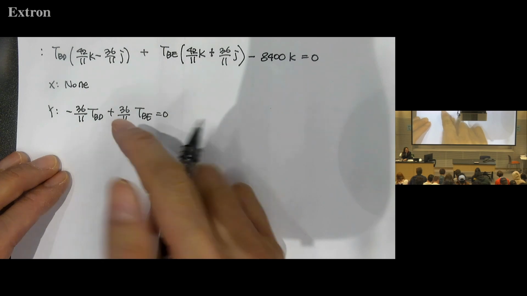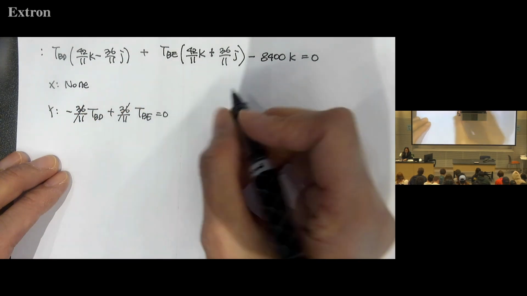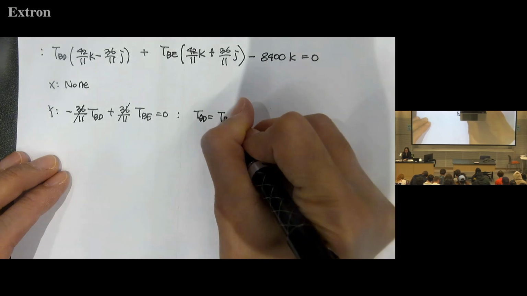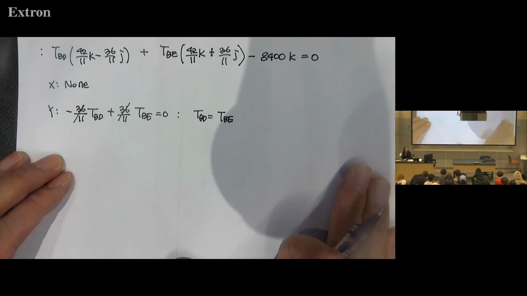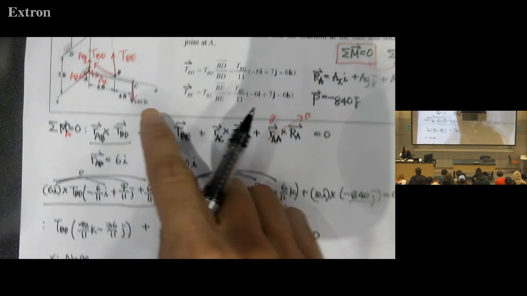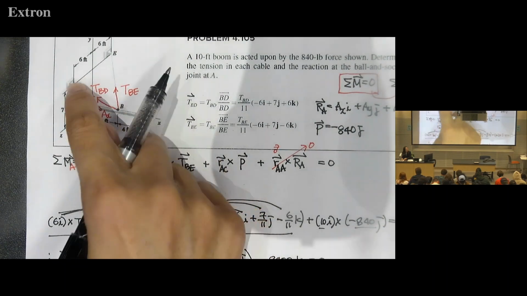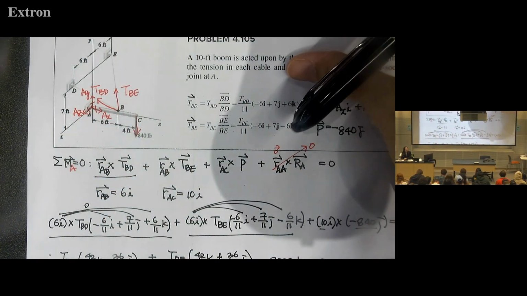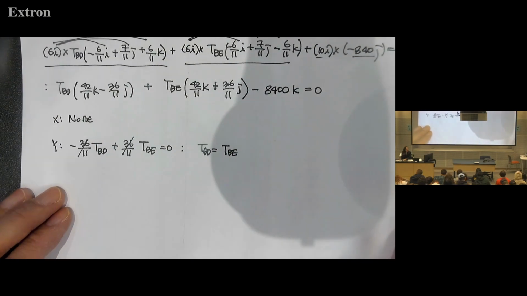And then the coefficients are the same, right? So from here, we can see these two cable tensions are the same. And also from the figure, it's 6 feet, 6 feet, and 7, symmetric, right? So it should be the same physically, right?